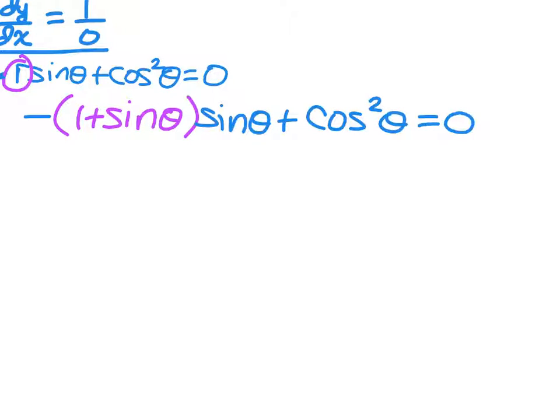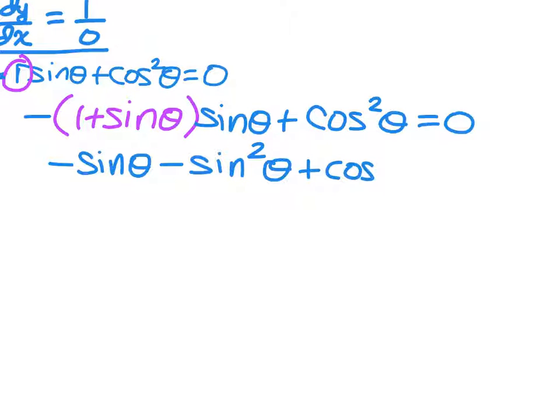All right, so a little distributive property. We're looking at negative sine theta minus sine squared theta plus cosine squared theta equals 0. Now this one's in a quadratic form, so you're at a point now where I don't see a GCF, so it's not like the last one where it's going to be quite as simple.